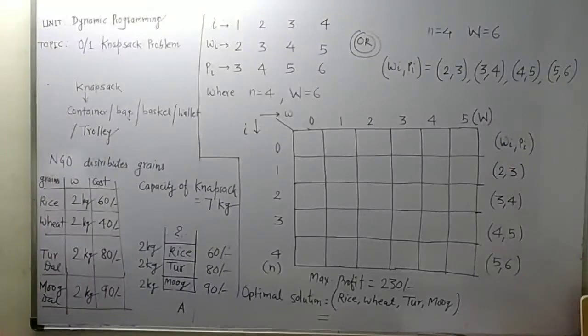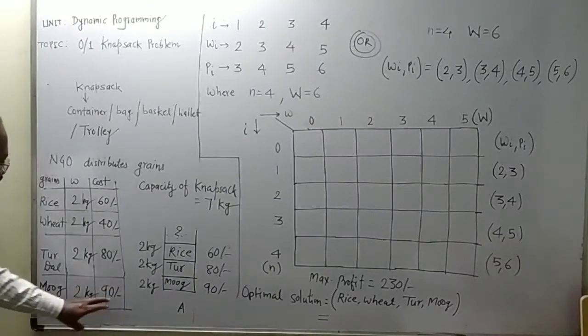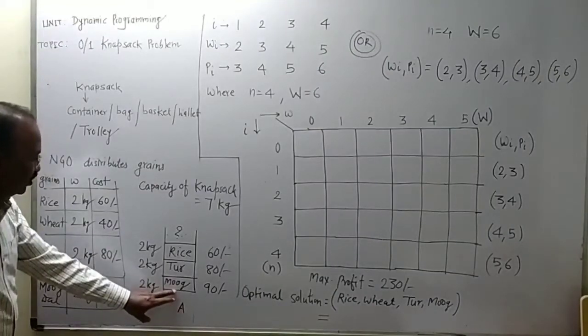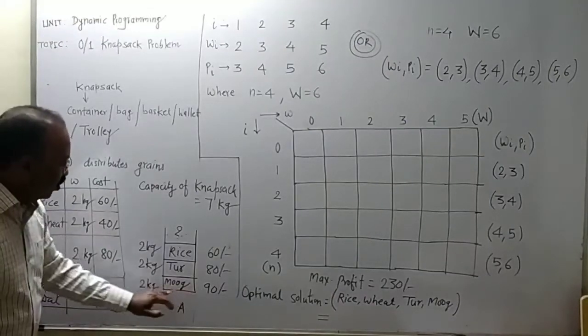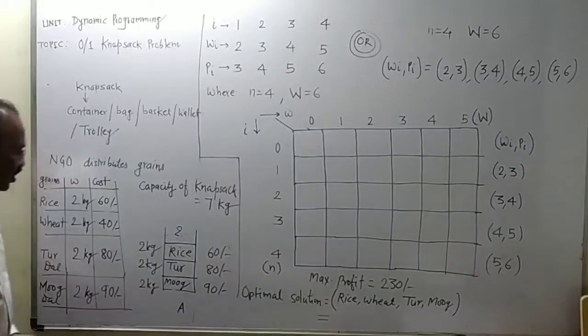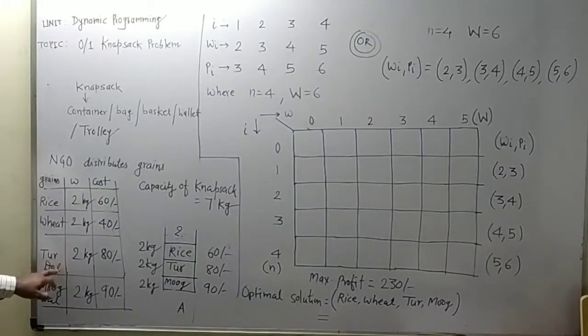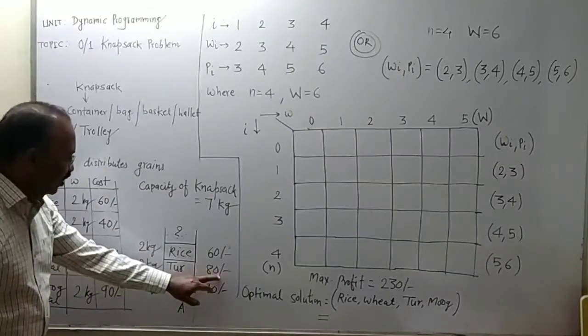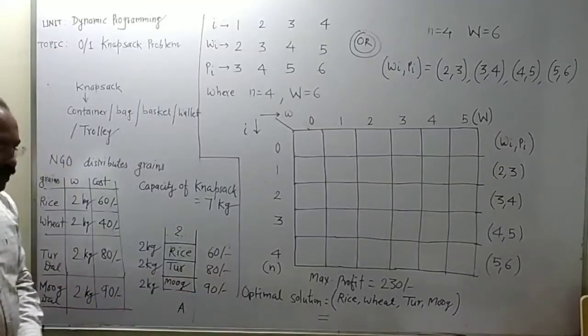Now first, the moong dal of 2 kg, its cost is 90 rupees. So the needy person first collects moong dal in the knapsack. That is 2 kg and the cost is 90 rupees. Then he will select tur dal of 2 kg, and the price is 80 rupees.